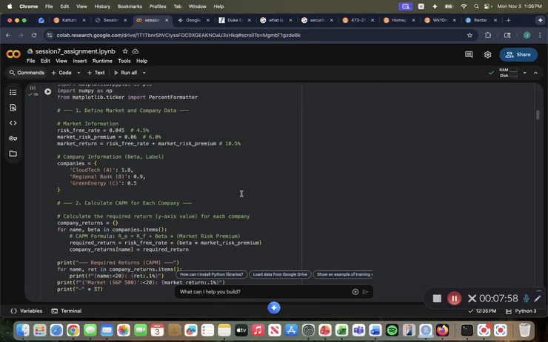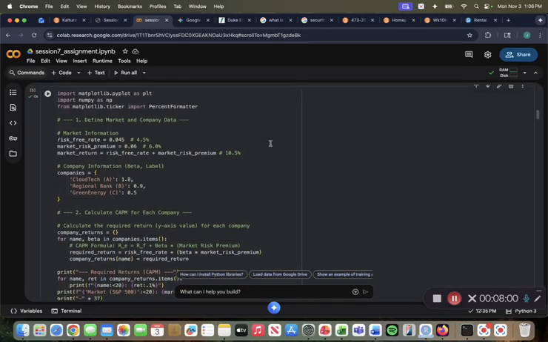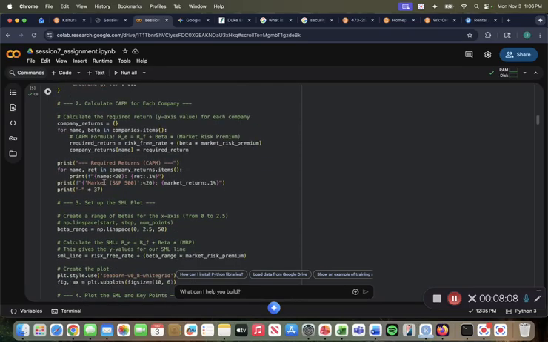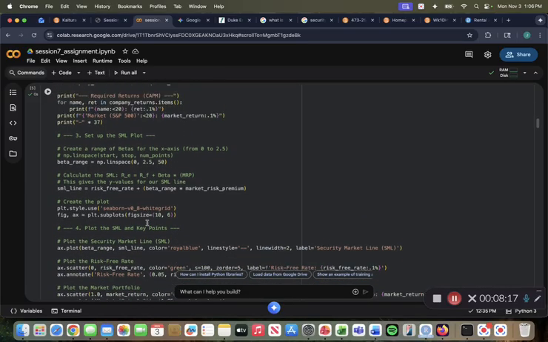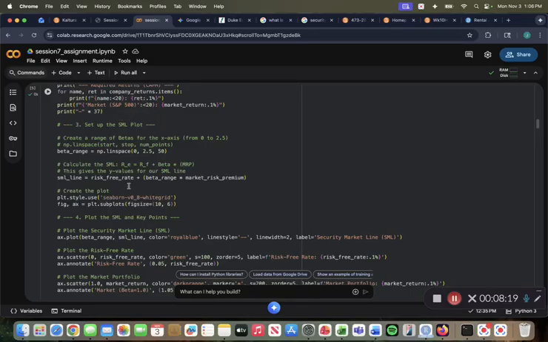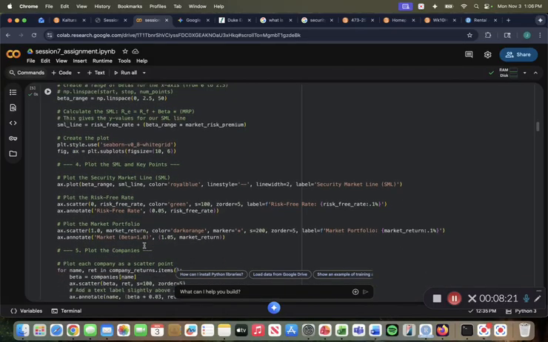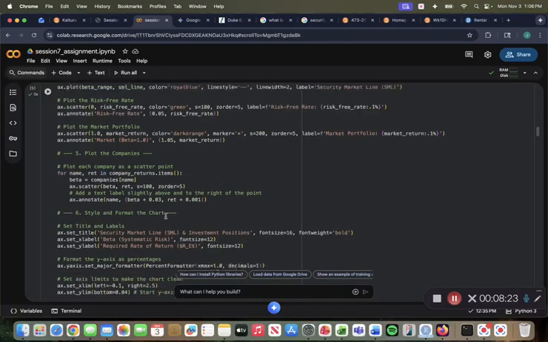Got the market information here, all the numbers copied over from our assignment and the betas for each company. And then using these functions here, it calculates the CAPM for each company, which will be used on our curve. And all of this code here is used to set up the plot.